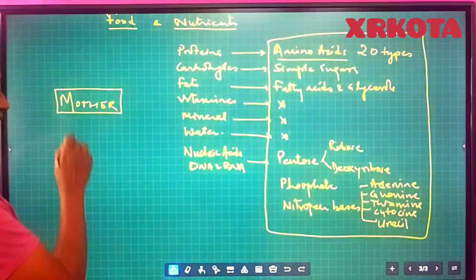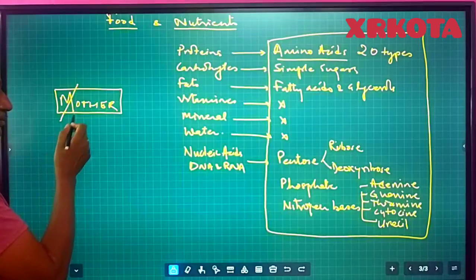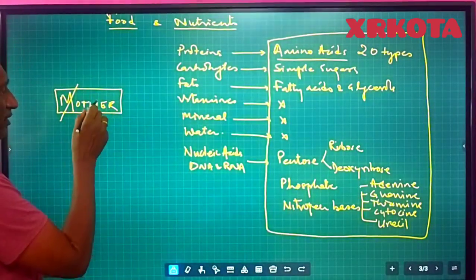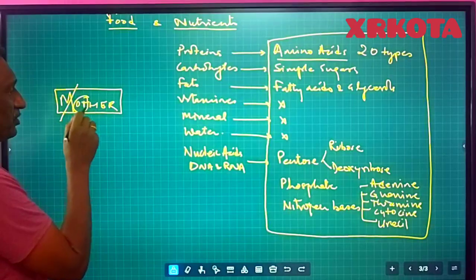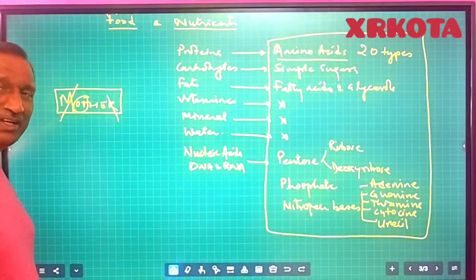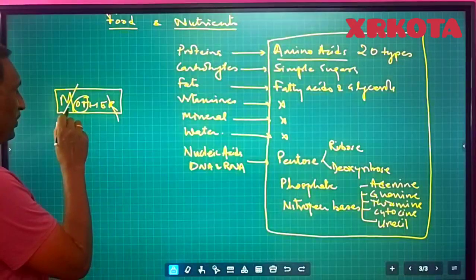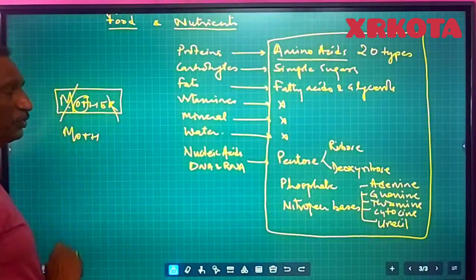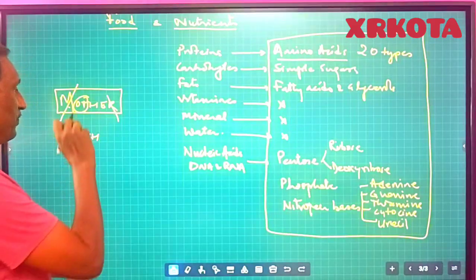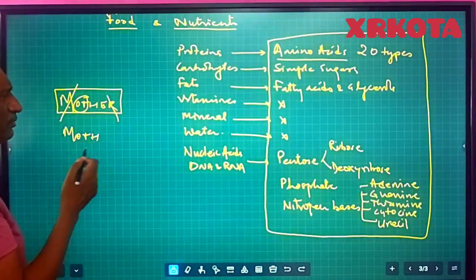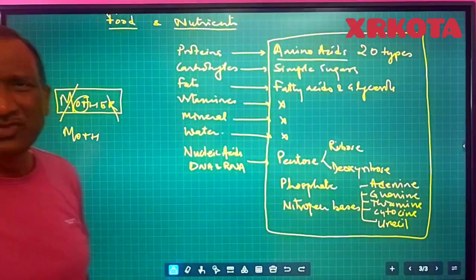If I have to make other, I have to remove m and it will become other. If I require her, I will remove these two letters also and it will become her. If I need to make he, I have to remove r also. If I require to make moth, I have to use these four letters. If I require to make something else, there are a number of other words which can be made.